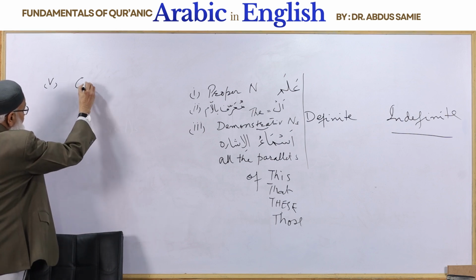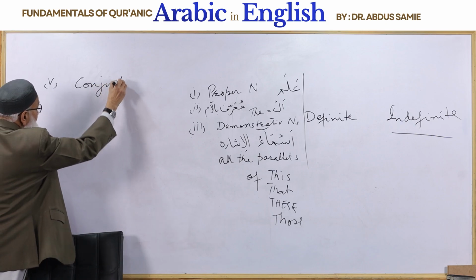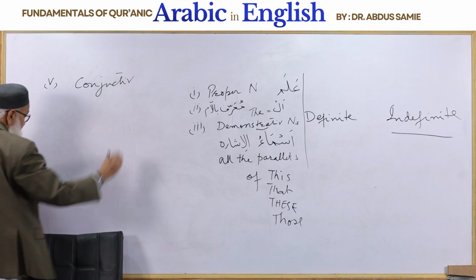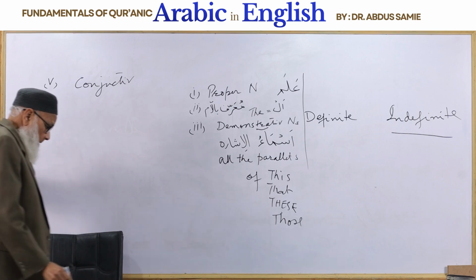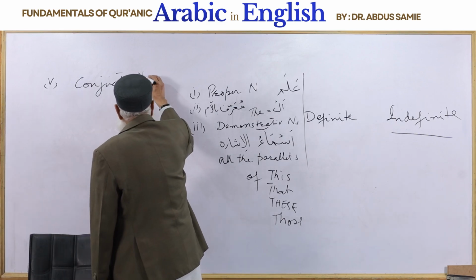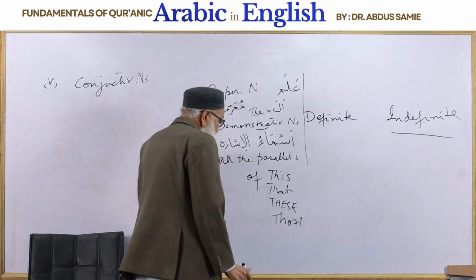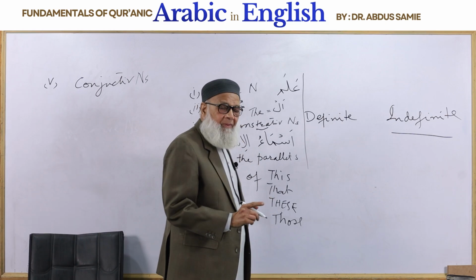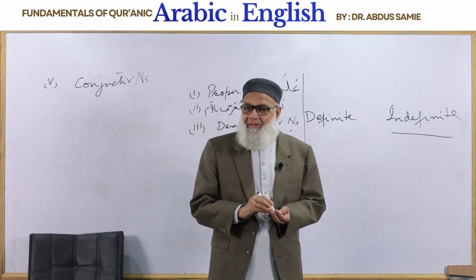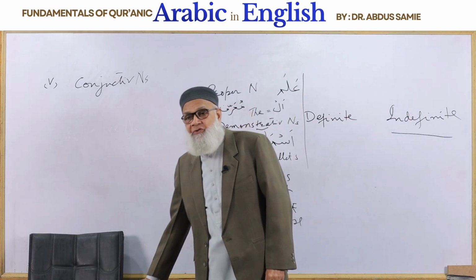Then number 4 is conjunctive nouns. There are two that's in English. One is that fan, this chair.